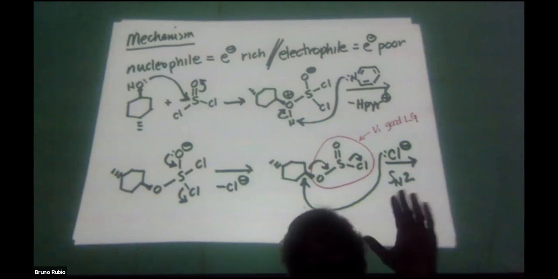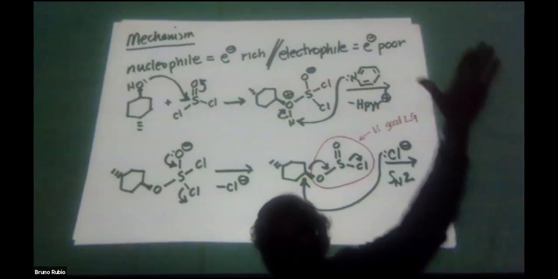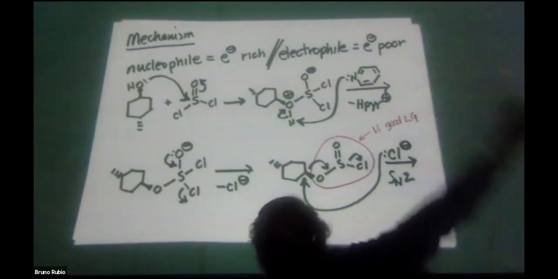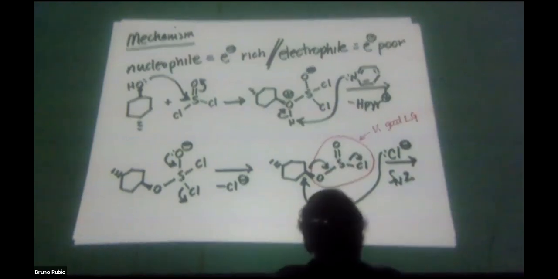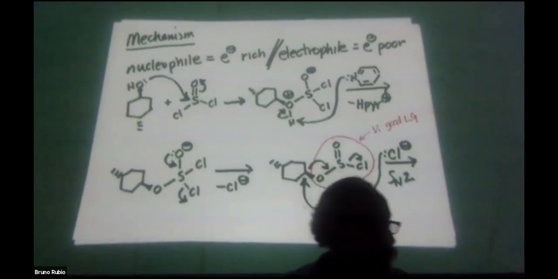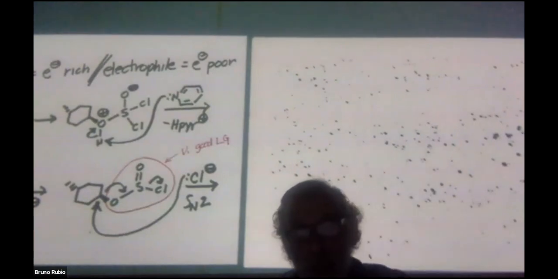The leaving group is on the top of the molecule, the nucleophile is going to come in from the bottom, right? So we're ready to draw the next intermediate here. So we'll just put this here on the side.